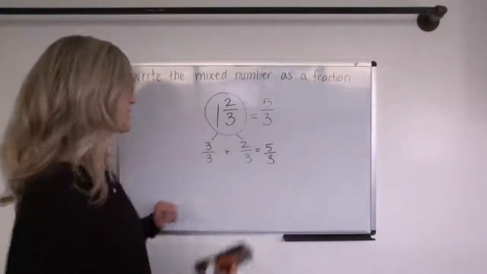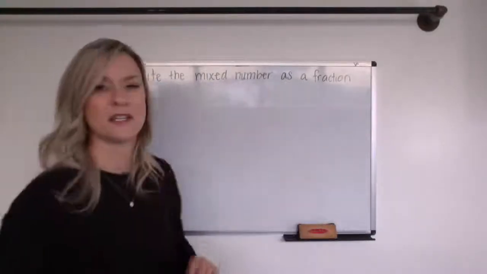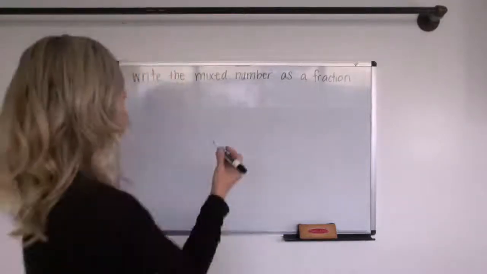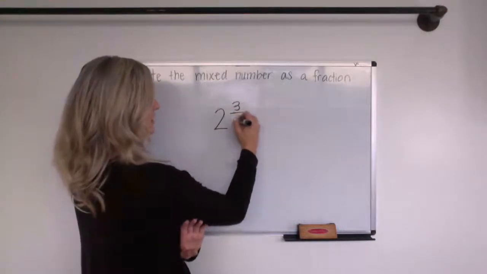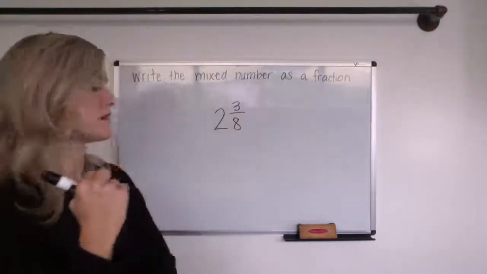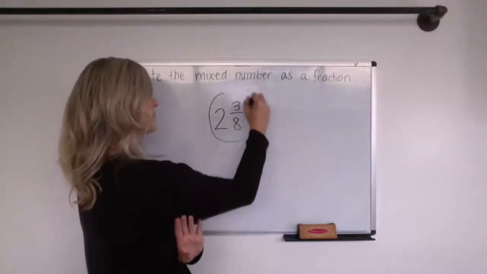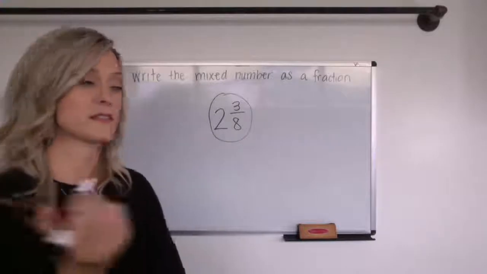Okay, let's try one that has a whole number that's greater than 1. So let's do 2 and 3/8. Okay, so think, what denominator will you use? Okay, I'm using eighths. Makes sense to me.